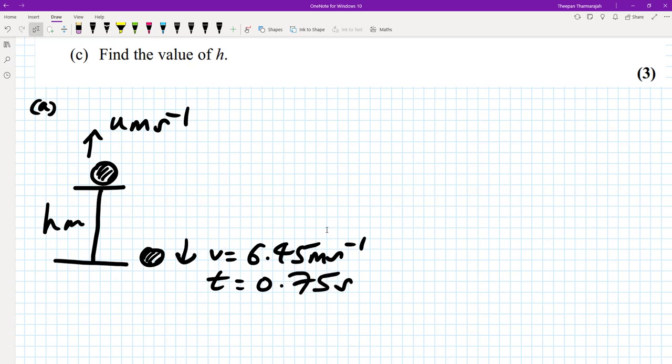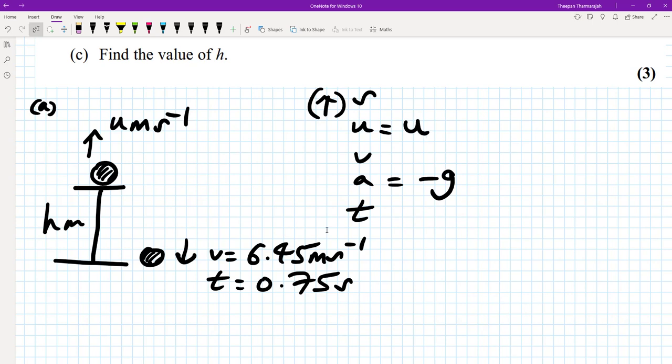Now we're going to work out what u is, so let's do a SUVAT for that. So it's going upwards, it's minus g. u is u. Now we know that the final velocity is going down, so it must be minus 6.45 because we're taking upwards as positive. Then the time is 0.75.